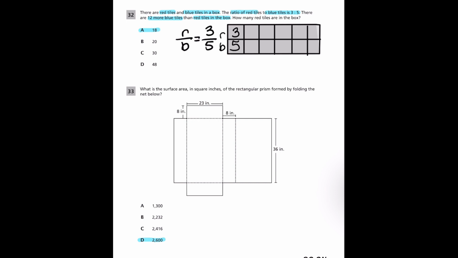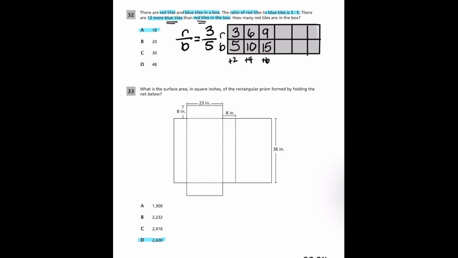When do I have 12 more blue tiles than red tiles? So right now, in this first one, I only have 2 more blue. If I went to the next one, here's 6, 10, I have 4 more blue. I'll go to the next one, 9 and 15. Now I have 6 more blue, and you can kind of see the pattern. So these are going by 3s, 3, 6, 9, and these are going by 5s.